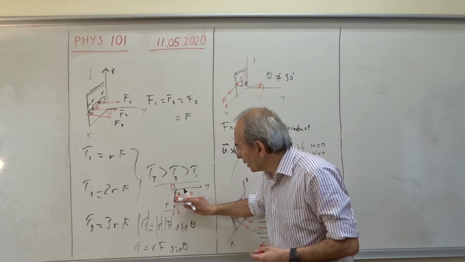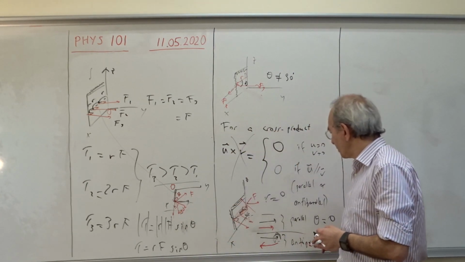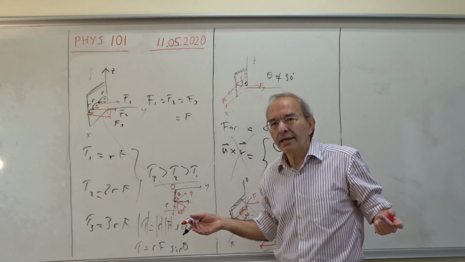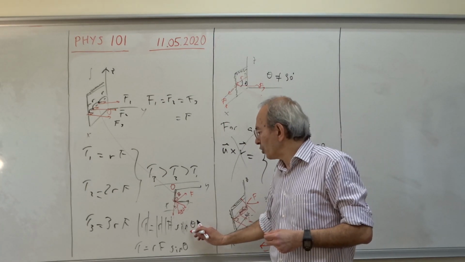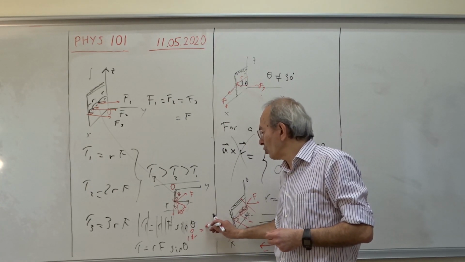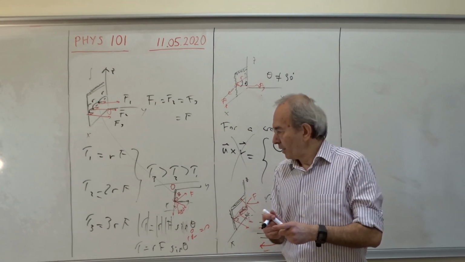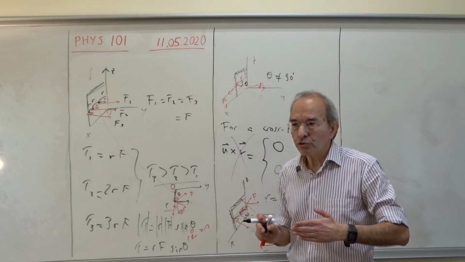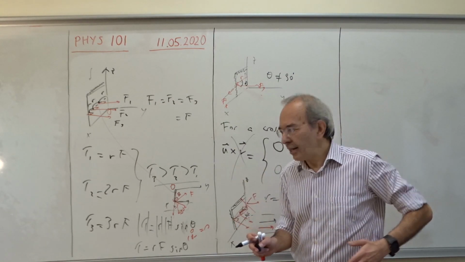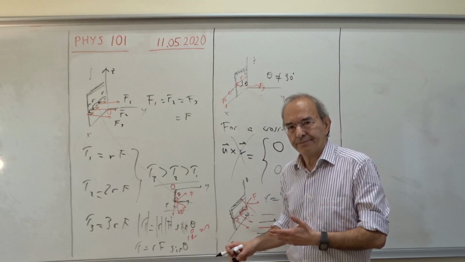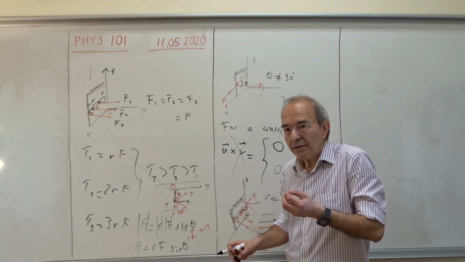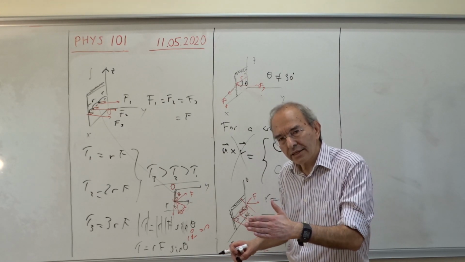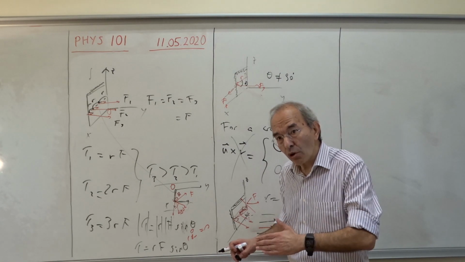When you come to the angle of 180 degrees, such as in the parallel or anti-parallel case, then you have no possibility of applying any torque, because sine 0 is 0, sine 180 is also 0. That's why there is no possibility of rotating any object by applying a force just along the radius vector, r vector. You should have at least 1 degree between them, so that may be difficult, but you can get some rotation, some torque.